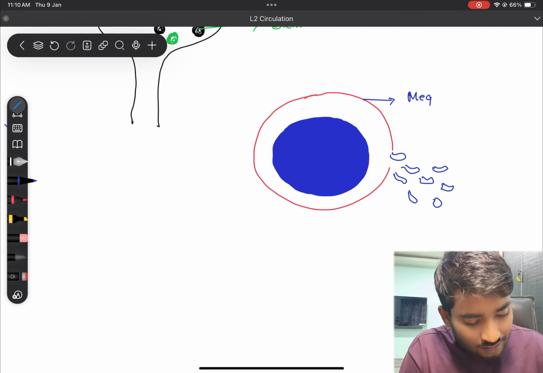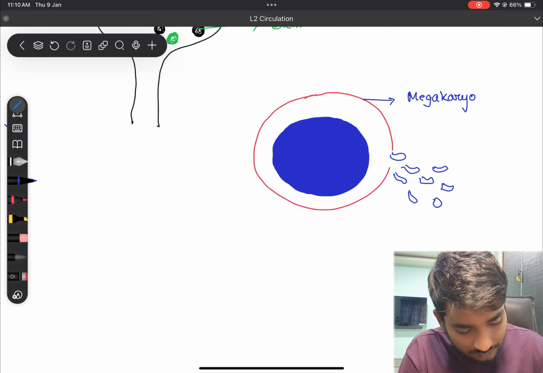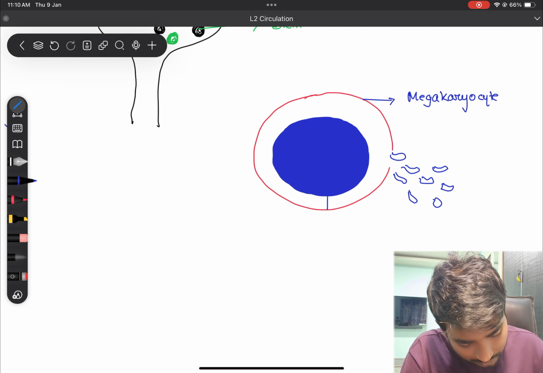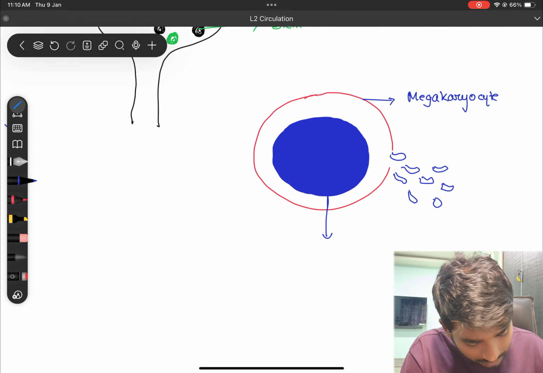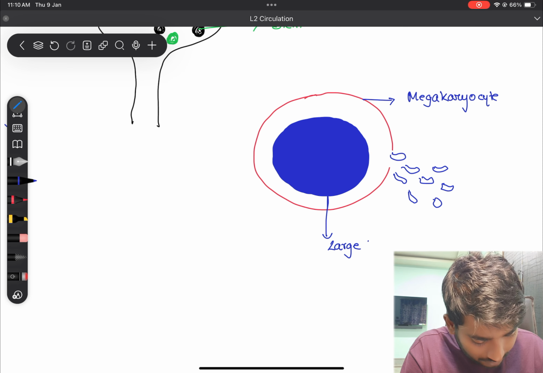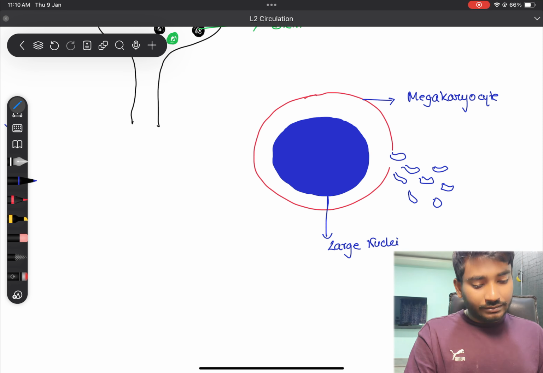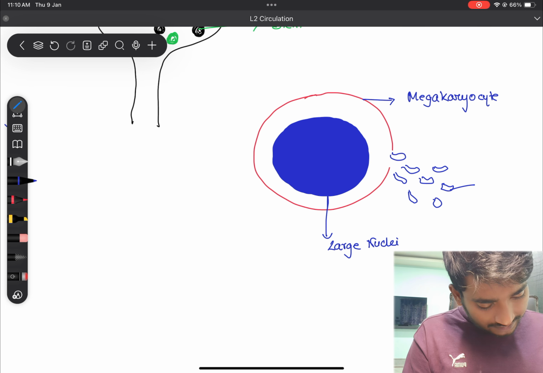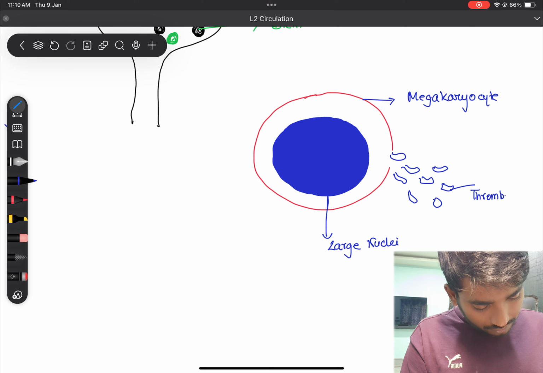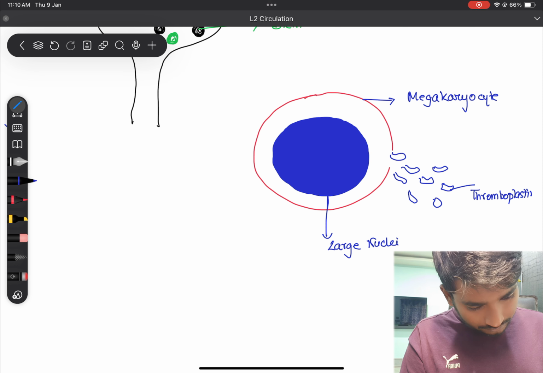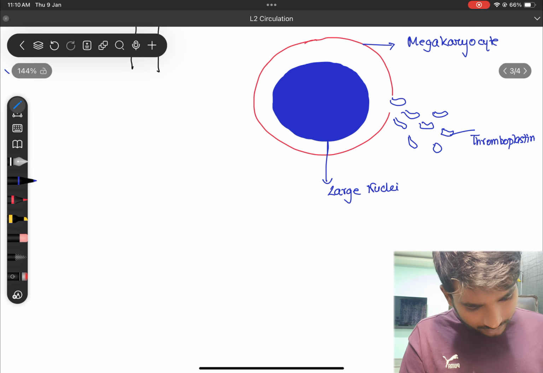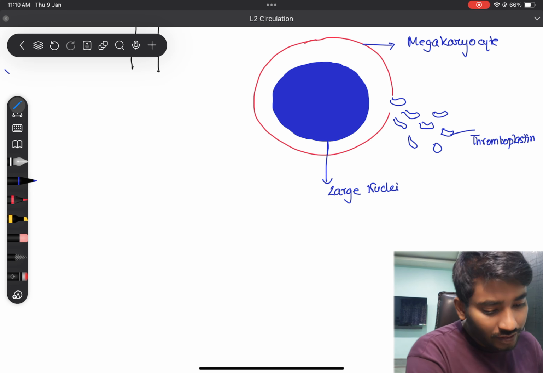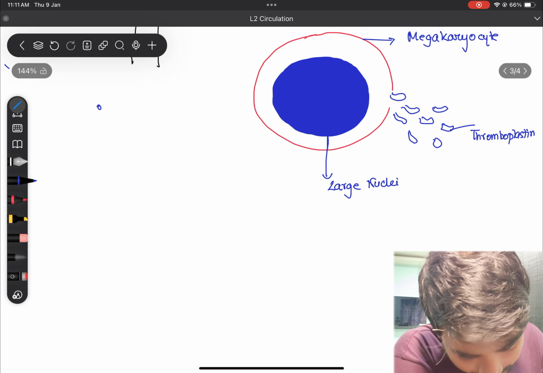This has a large nucleus. Now these are the thromboplastin. Okay. Platelets have no nuclei and are irregular shaped.